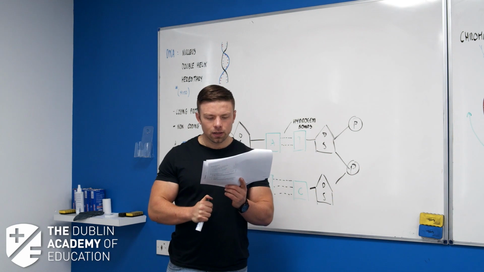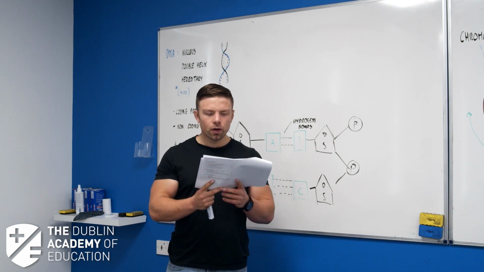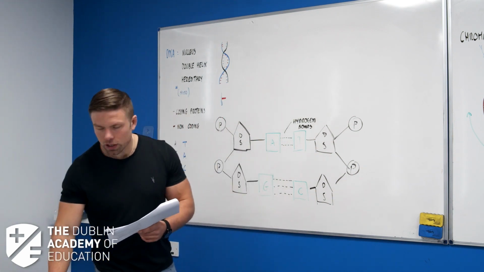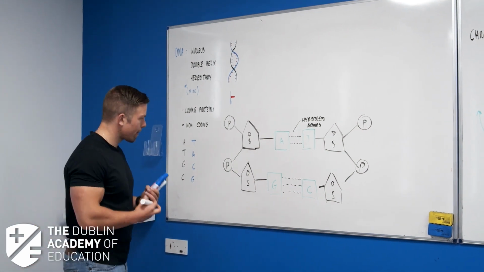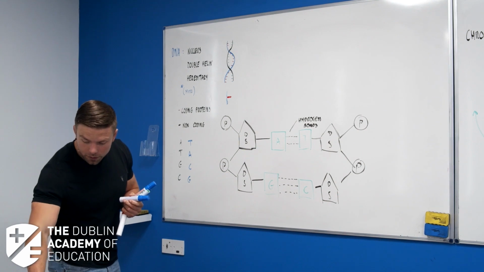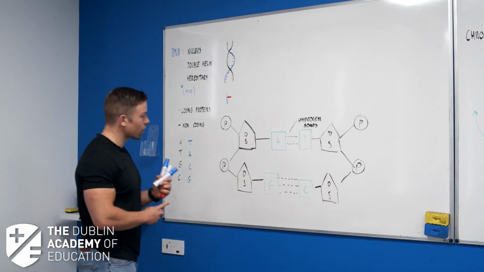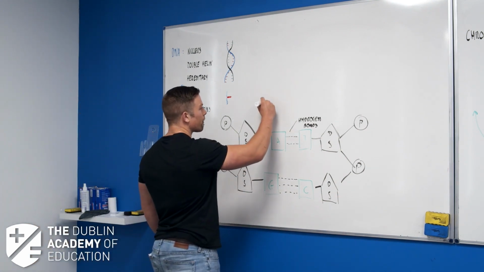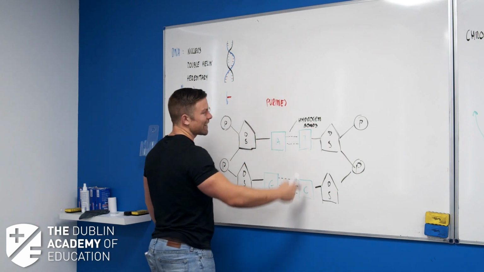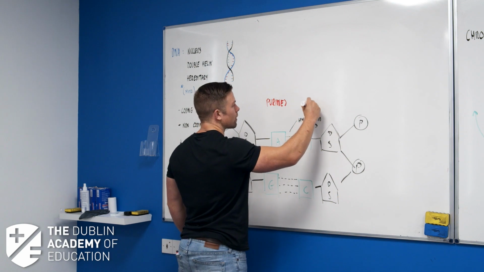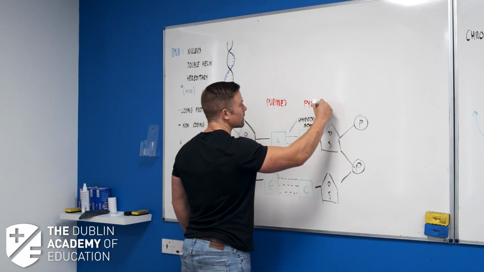One last thing. Okay? We need to know that A and G are considered the purines. So these two here, and it's not written actually on that diagram, it's just in your notes, so feel free to write it in. A and G are the purines, whereas T and C are what's known as the pyrimidines.